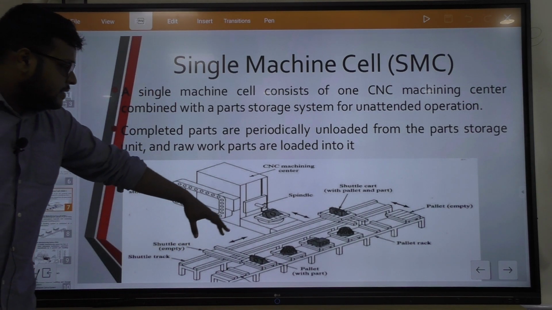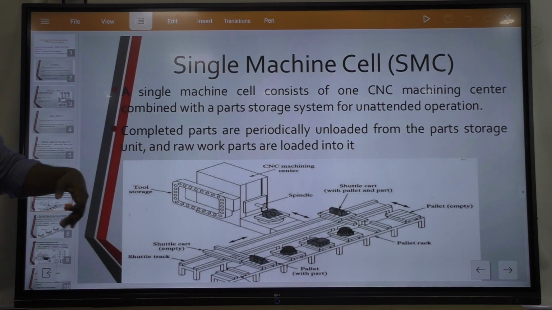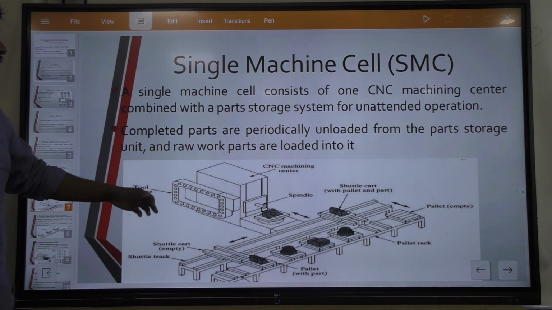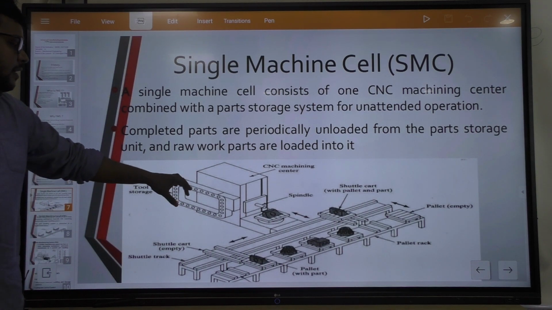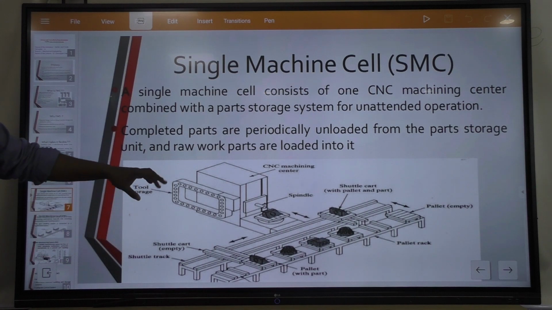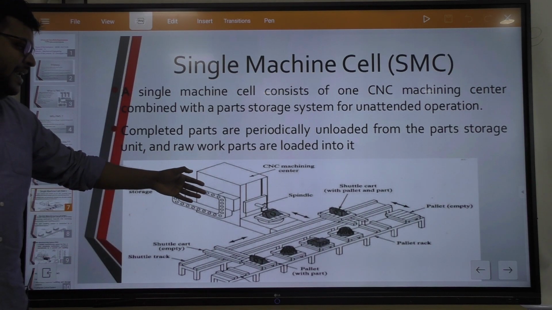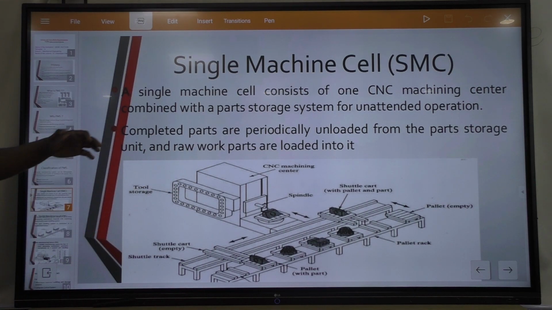So there are various workpieces available. Suppose you want to do drilling, so for that you require a drill bit in the machine. So it will directly come to the required tool station, and according to that the remaining operation can be done. So this will be possible in the single machine cell. Single machine cells consist of a CNC machining center combined with a part storage system.